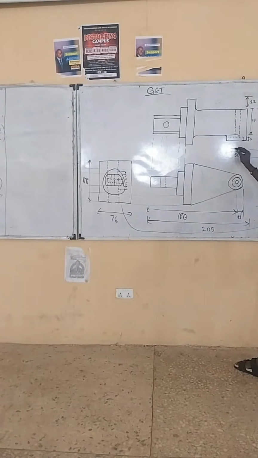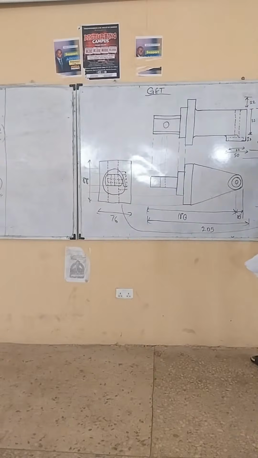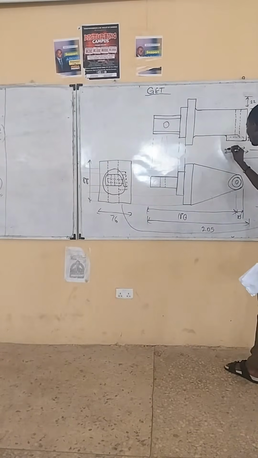The inside is 32. If the inside is 32, 50 minus 32, that's 18. Divided by 2, that's 9. So I have 9 here and 9 here.